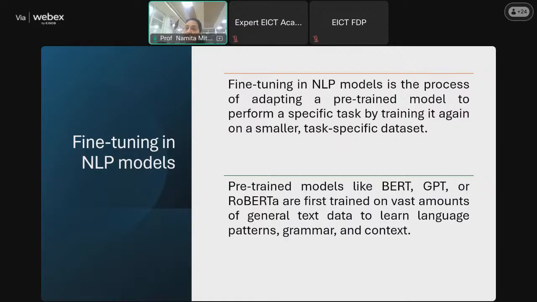You know very well that BERT, GPT, and RoBERTa are good pre-trained models on generic datasets. We can make them specific for our datasets by putting in some effort.